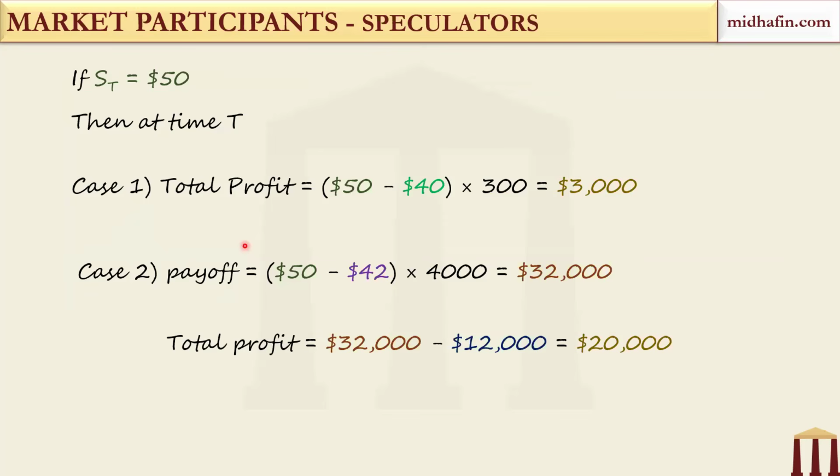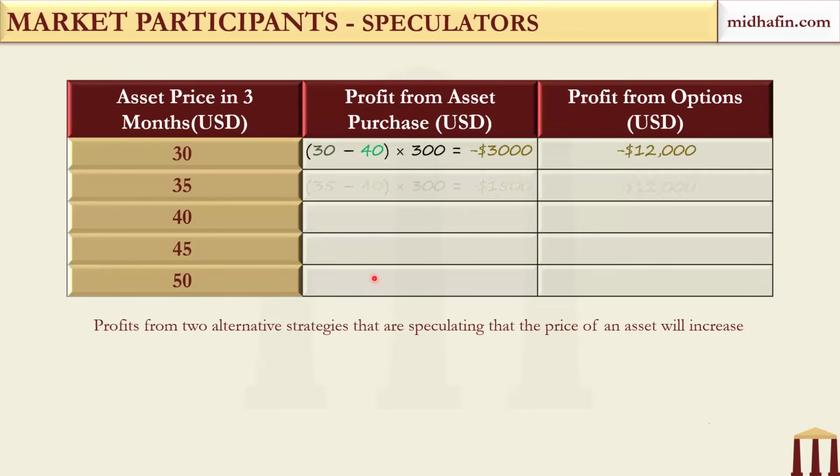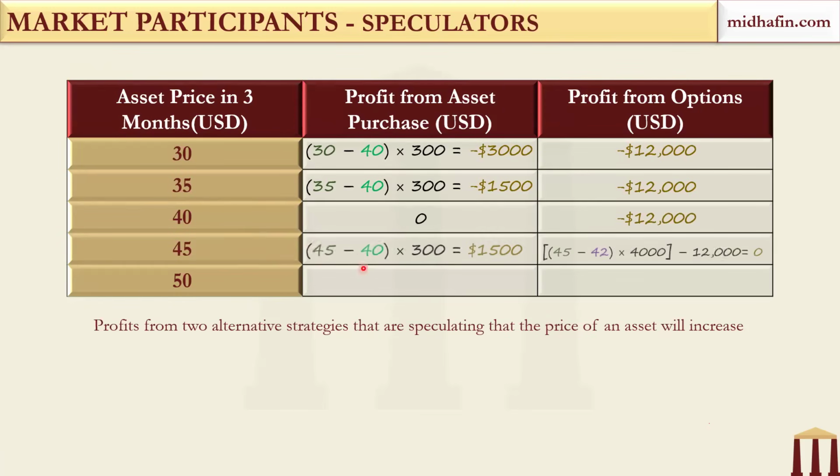No, strike. What is the strike price of this option? Yeah, 42. Only when the price goes above 42 does some recovery happen for options. So for 45, 1,500 is the profit from asset purchase, and for options it is 0. So 45 is a break-even level for profit. For payoff, the break-even level was 42. In fact, I'll not call it a break-even level because on the left-hand side there is no payoff.